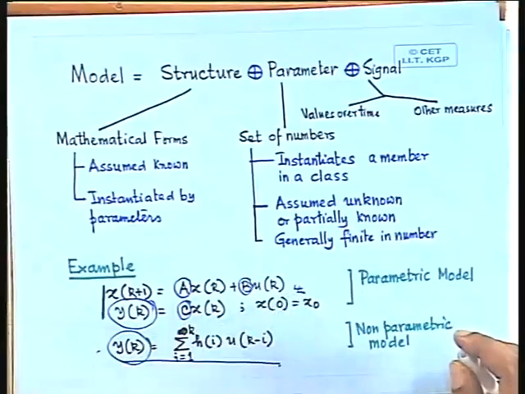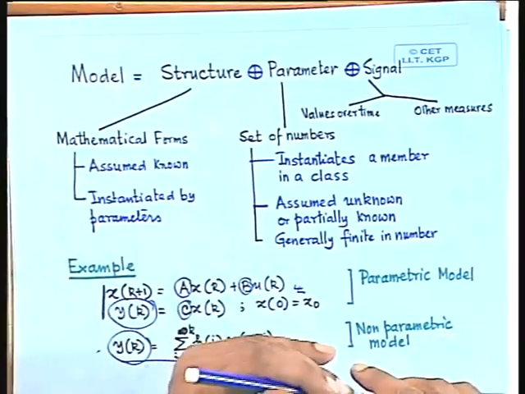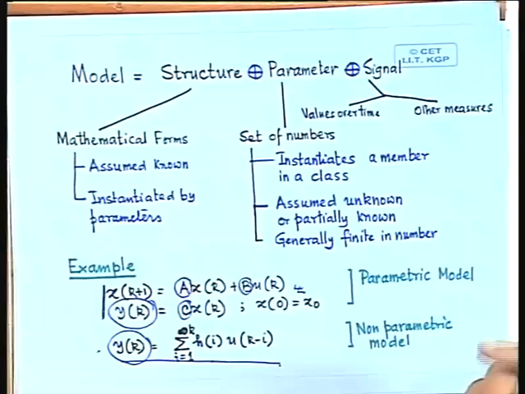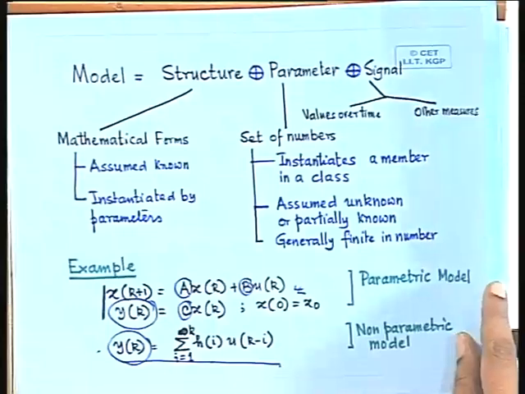That is why this kind of models are called parametric models, while the other kind are called non-parametric models, because here the parameter set is too large to be conveniently used as parameters. So we will be generally interested in parametric models.